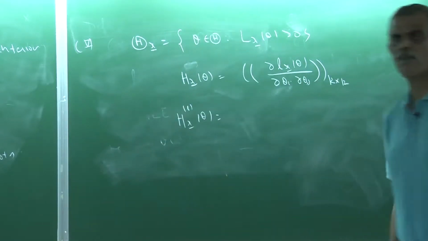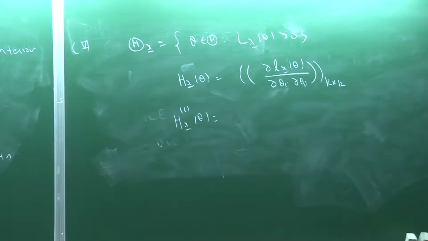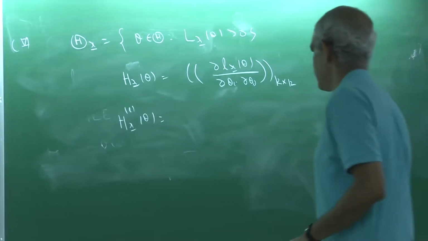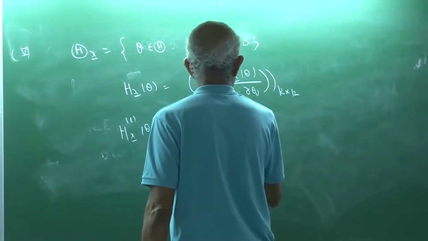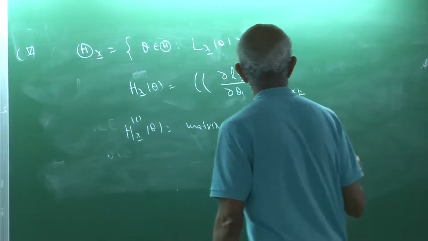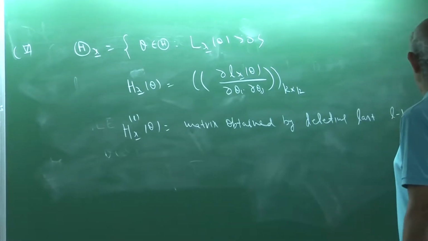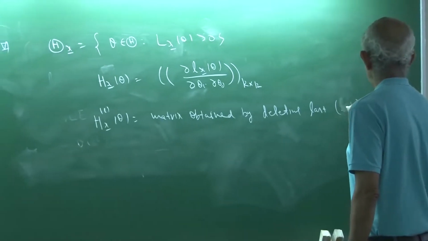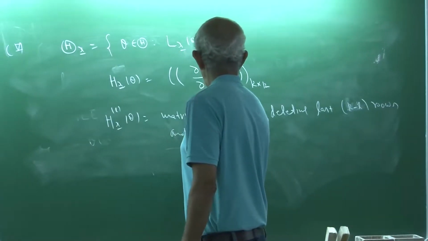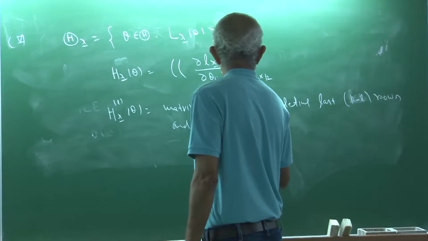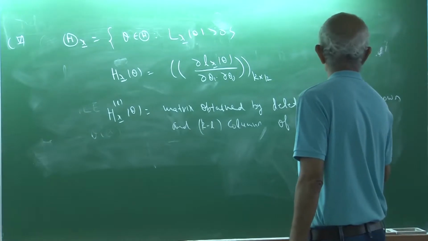This is the matrix obtained from Hx(theta) by deleting the last k minus l rows and the last k minus l columns of H. And this is for l equal to 1 to k.